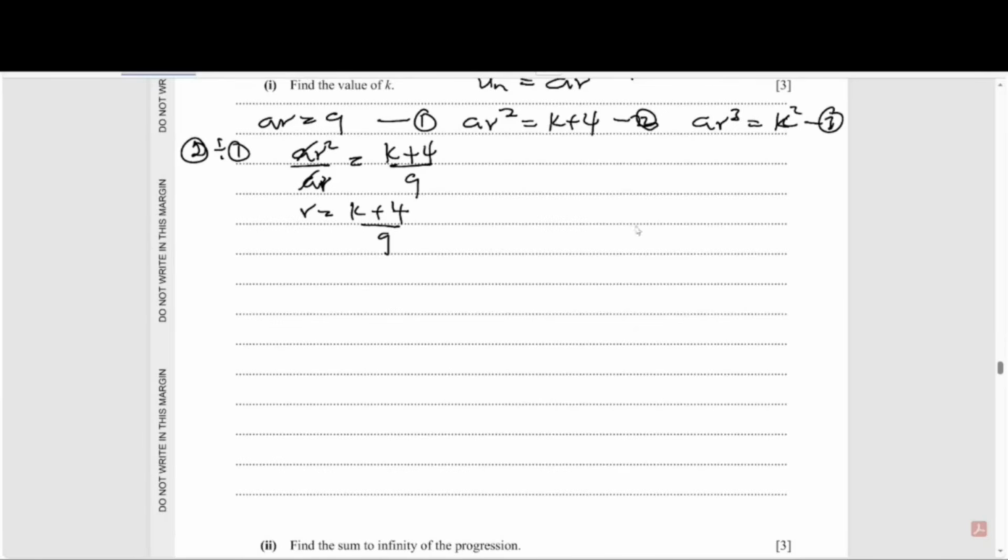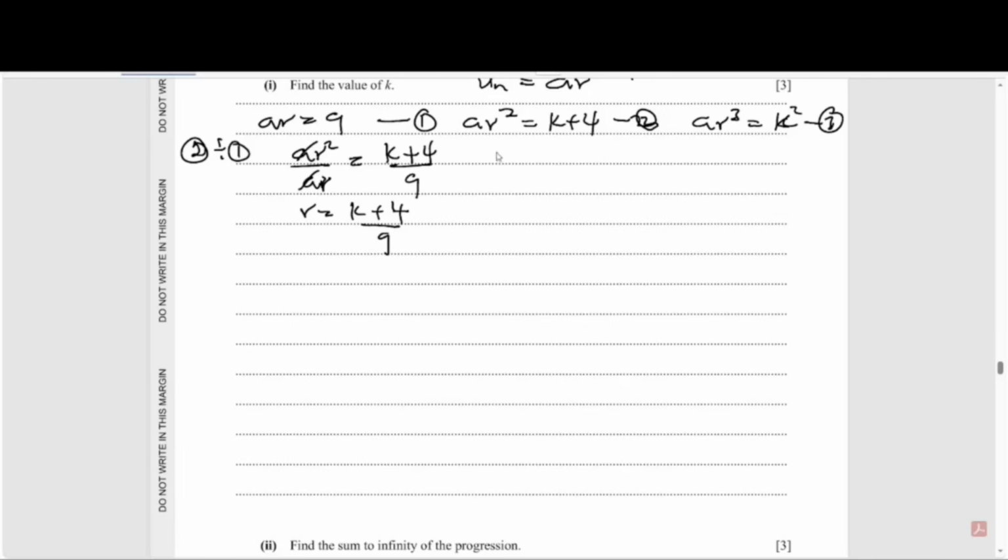Then we do a similar thing with any other two equations apart from 1 and 2. We either pick 1 and 3 or 2 and 3. We're going to pick 2 and 3 because if I divide 3 by 2, I'm still going to have an expression for r.